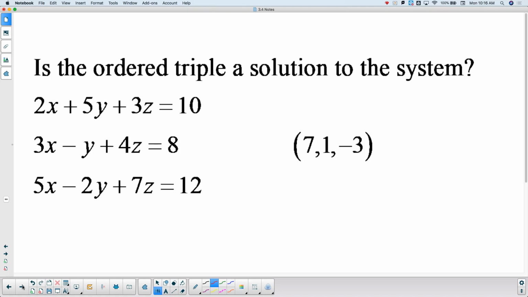X, Y, Z. Is that ordered triple a solution to that system? How do we do it? Plug what in? 7's going to be x, 1's going to be y, negative 3 is going to be z. Okay, so we plug them in. Do that now. Tell me if that ordered triple is a solution to that system.